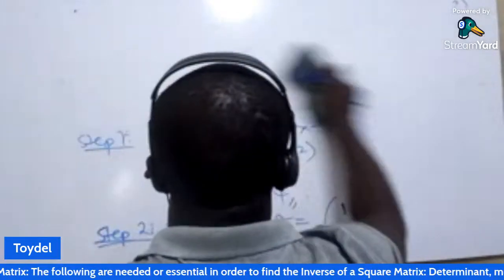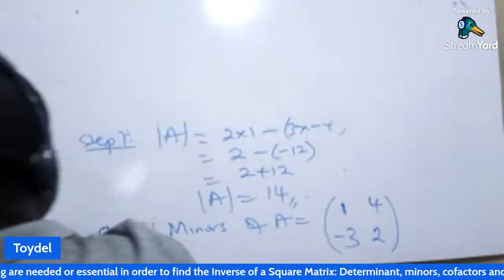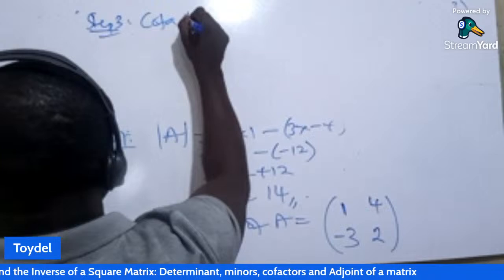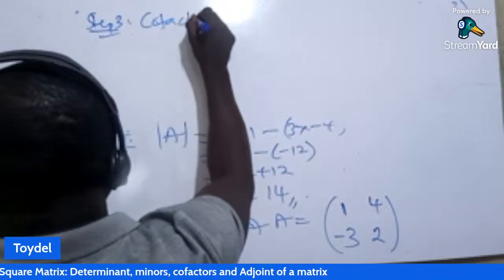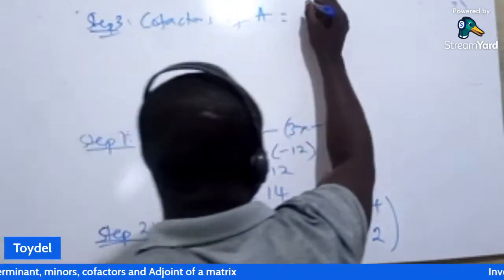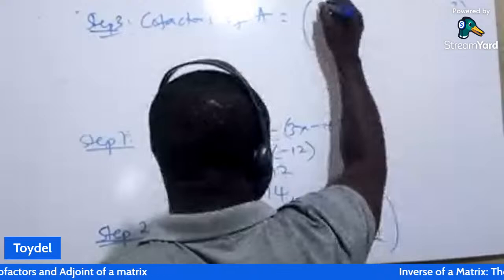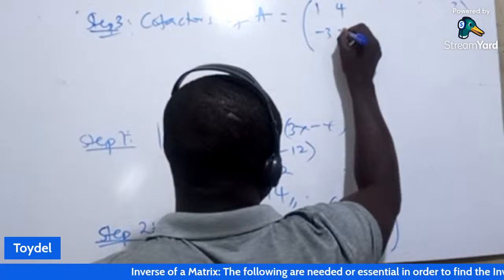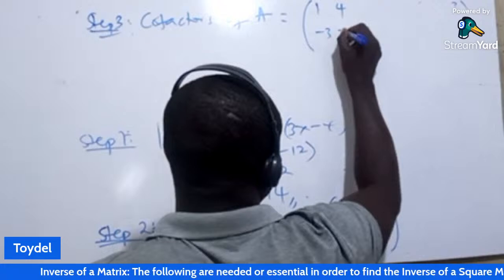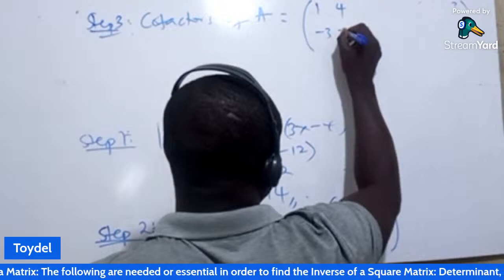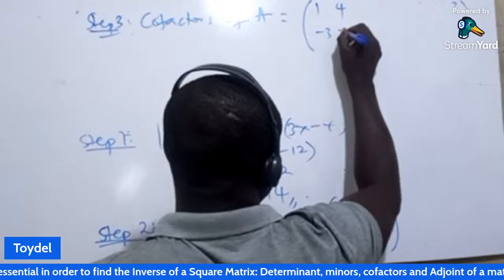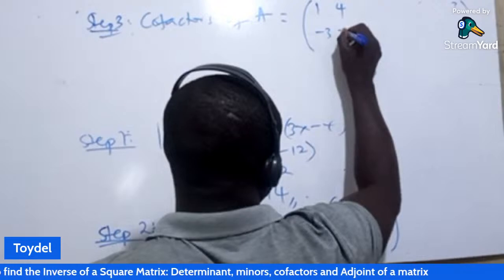So we can go ahead to step 3 and find the cofactors. The cofactors of A. The cofactor is the minor, when we consider the minors, plus the appropriate sign.